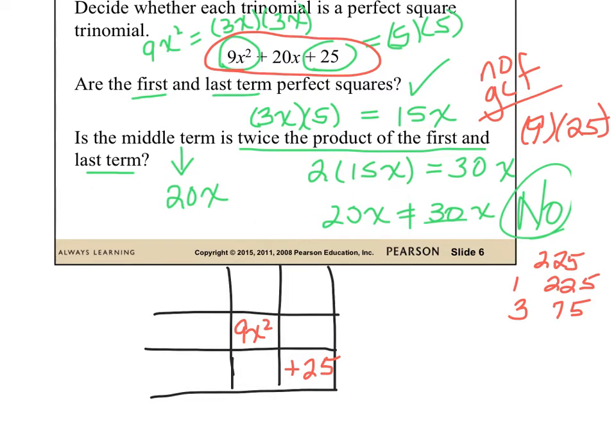6 will not, because it's not even. 5 will. 5 will go into 225, 45 times. 7's not going to divide it. 8's not going to divide it. 9's not going to divide it. 10's not going to divide it. In fact, the only thing that is going to divide it are factors of 5.